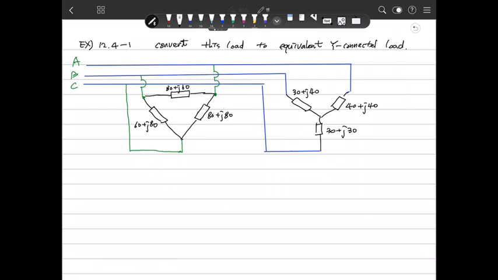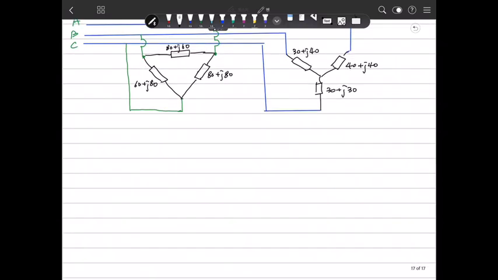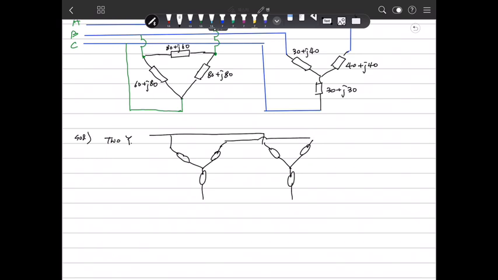So to do that, what should we do? At first, we need to think about how to combine two circuits. I mean, for example, if there are two Ys, then we have 1, 2, 3, 1, 2, 3, and this connects in this manner, and in this manner, and in this manner.